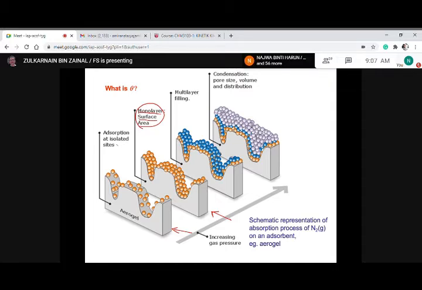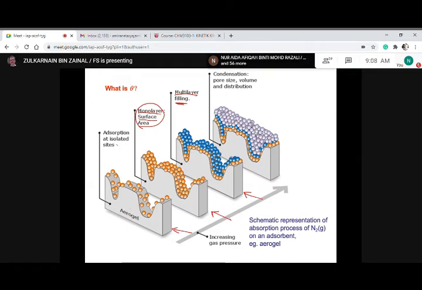But as you go further during the adsorption process, more gas will be adsorbed, but it's going to form another layer. Then we say that it's forming a multilayer, right? So you can form another layer of gas, like the blue layer on the yellow layer.